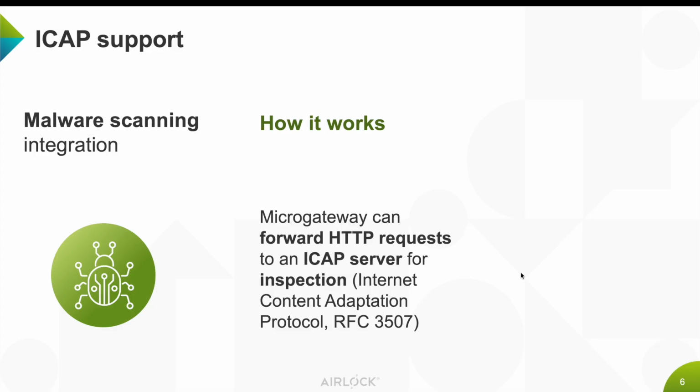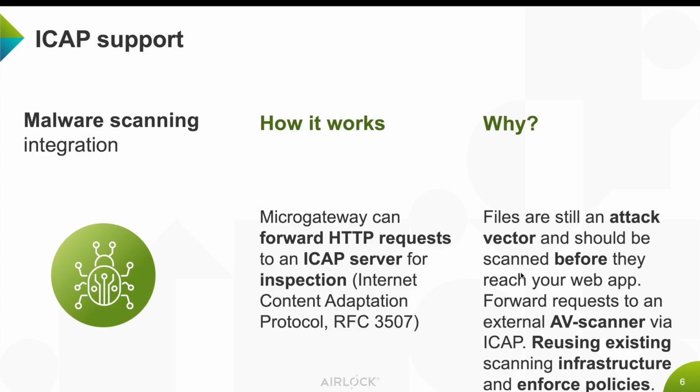In other words, Microgateway can act as an ICAP client and ask an ICAP server to inspect content in transit. A typical use case is connecting an external antivirus scanner. Microgateway forwards relevant traffic for scanning, and if the scanner returns a malicious verdict, Microgateway blocks the upload before the web application ever sees it.